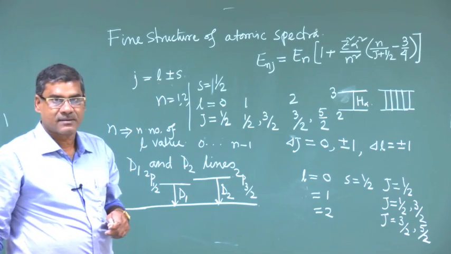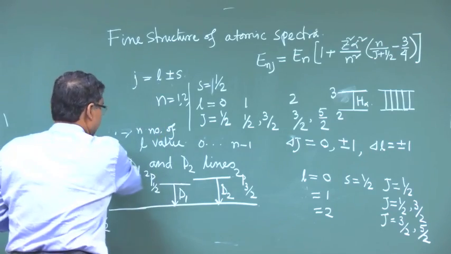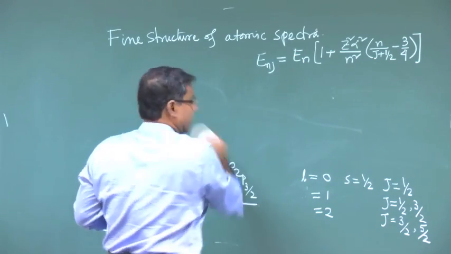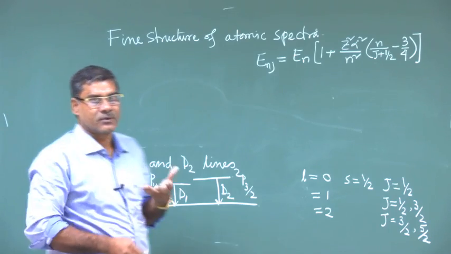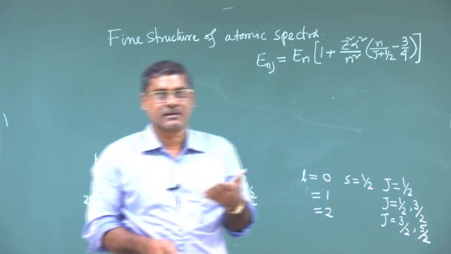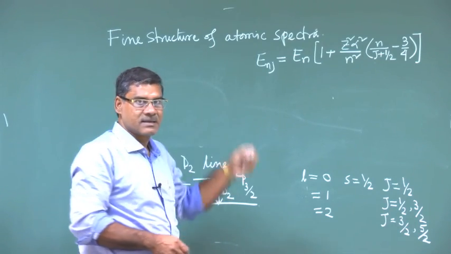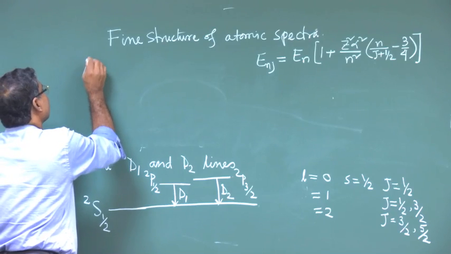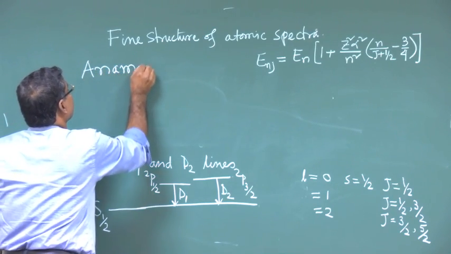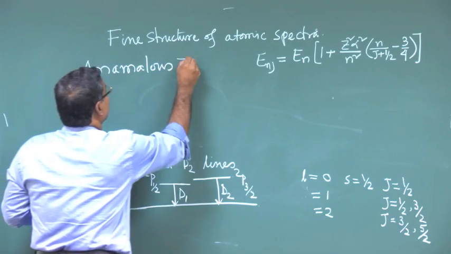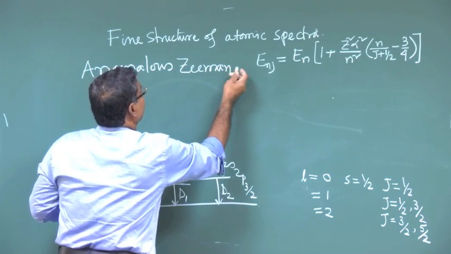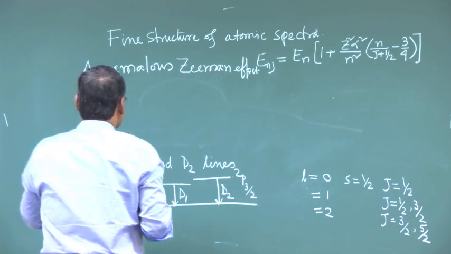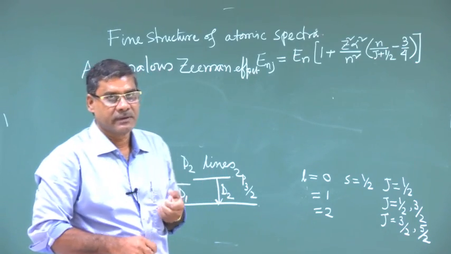Next, we want to see the anomalous Zeeman effect, whether we can explain it. In the normal Zeeman effect we have seen that a line breaks into 3 lines, but in the anomalous Zeeman effect, different lines split into a different number of spectral lines.